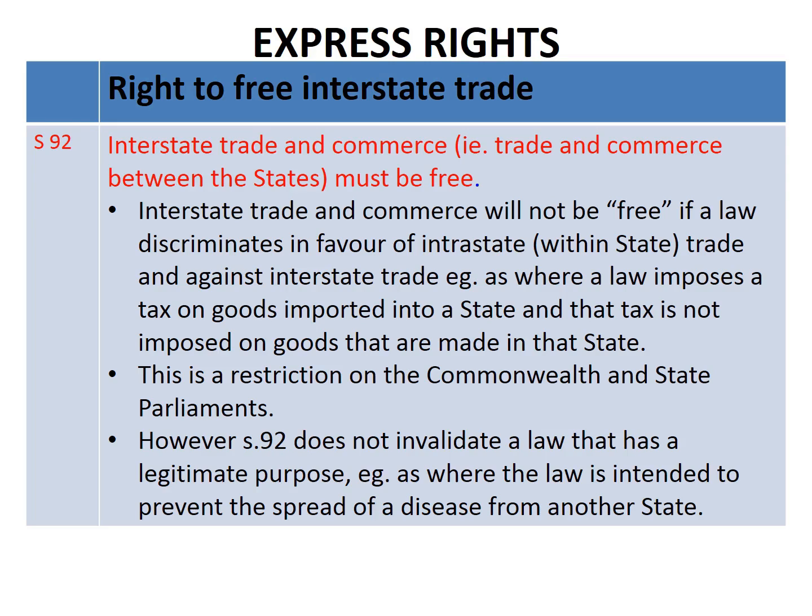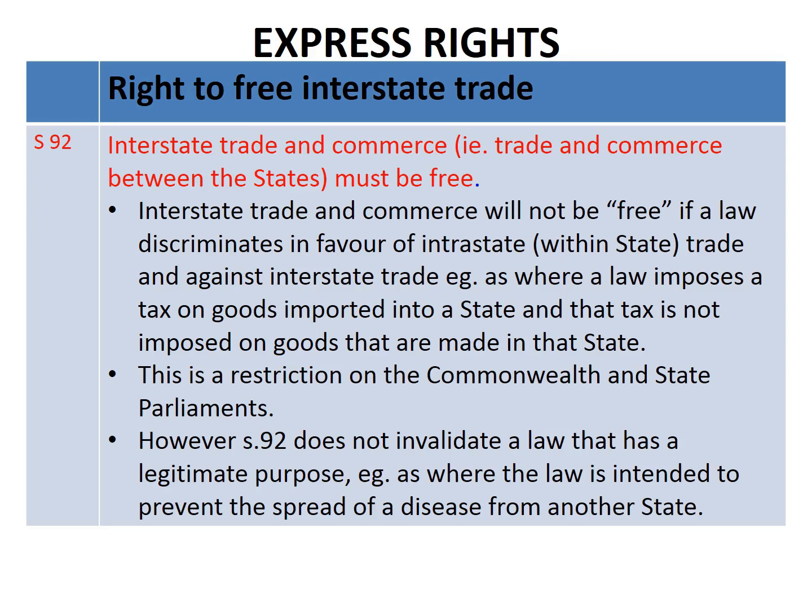Now, that law that the Victorian Parliament had made would breach Section 92, that is the right to free interstate trade, if that same tax was not also imposed on goods that were made within Victoria. And that's because such a law would discriminate in favour of goods made in Victoria, that is, they didn't face this tax, but would discriminate against trade between New South Wales and Victoria because that tax was imposed only on goods imported into Victoria from New South Wales.